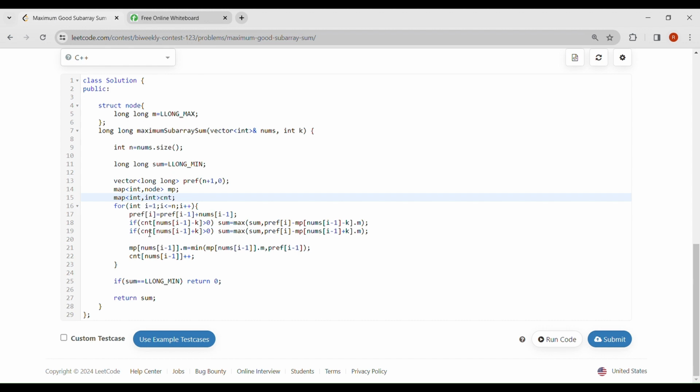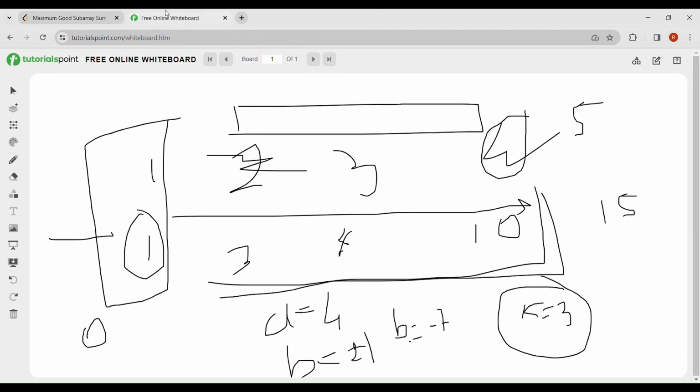Now here I am storing that number in prefix. I am checking with k minus the current number and k plus the current number, to see whether such a number exists among the previous ones. Suppose k is 1, so k - 1 equals 3.